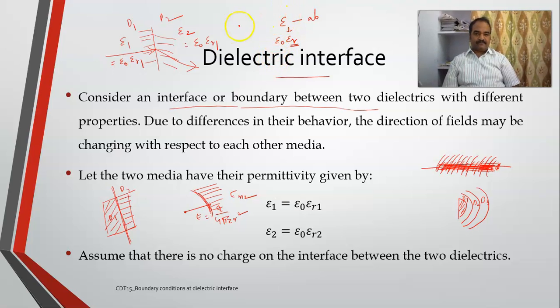So I am taking two materials, epsilon 1 and epsilon 2. And I'll assume that at this particular interface there is no charge on the interface. This is an assumption which I am going to consider, which will help me in developing the equations quickly. So what is the assumption? There is no charge on the interface between the electrodes.